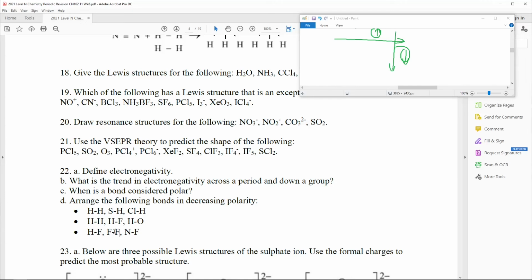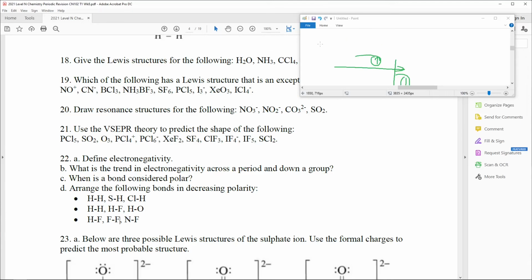We're talking about electronegativity difference, and here we do not have a difference, so this is the least, we leave it aside. We have NF and HF. N is one of the most electronegative ones, the most being N, O, F. So you have a smaller difference than the HF, so that's why this is more polar than this and more polar than that. And we're pretty much done.